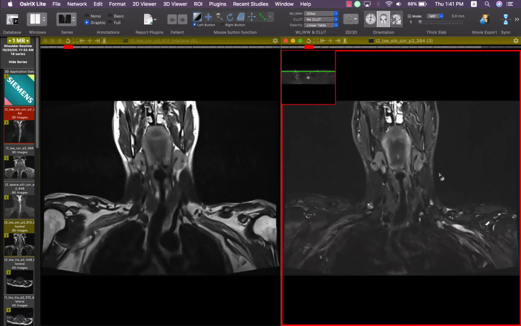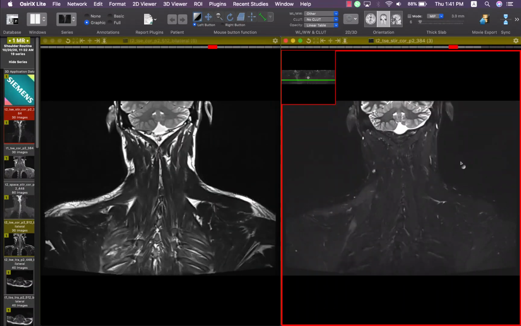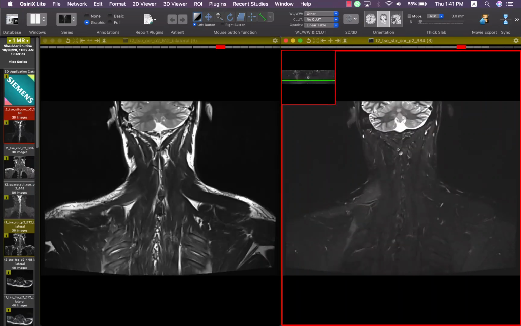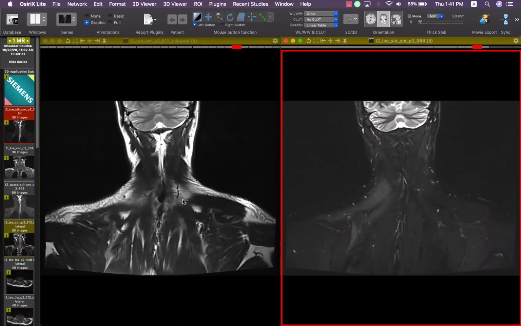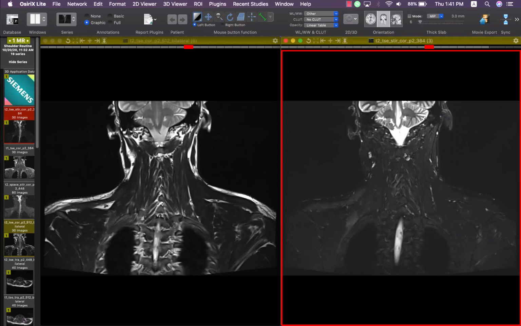There is no abnormality here in the brachial plexus, but if we scroll here, we can see that there is diffuse edema affecting the trapezius muscle, with no evidence of fiber disruption. The fibers here are not disrupted. Such a pattern of edema signal involving the whole length of the muscle with no fiber disruption is usually one of the signs of denervation injury of the muscle. So this pattern, I discussed it before.